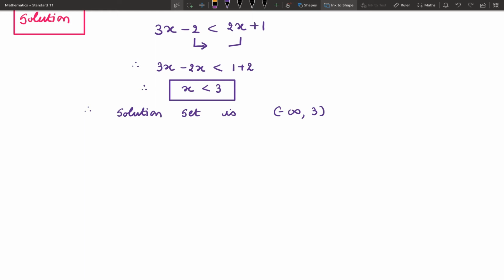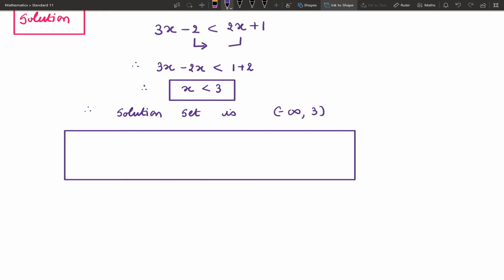So the solution we denote on the number line. Here 3, x is less than 3, so x can take all those values.